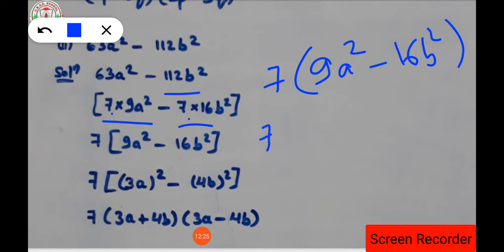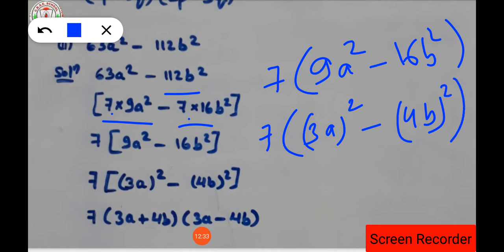Now we can easily write 9a square as (3a) the whole square minus (4b) the whole square. Before this, we couldn't write it in the form of an identity, that's why we took 7 as common.